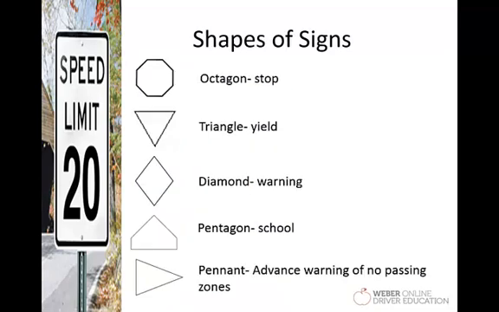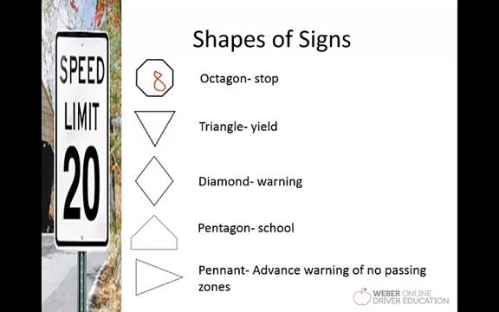Then the next mode that signs use to communicate is the shape of the sign. There's only one sign that's 8-sided, and that's the stop sign. And you should know from before that that's red. The triangle is for a yield sign, and notice the point is down on the yield sign.